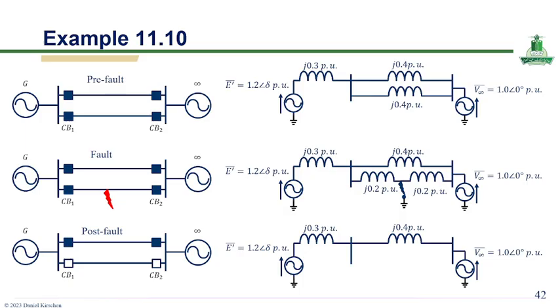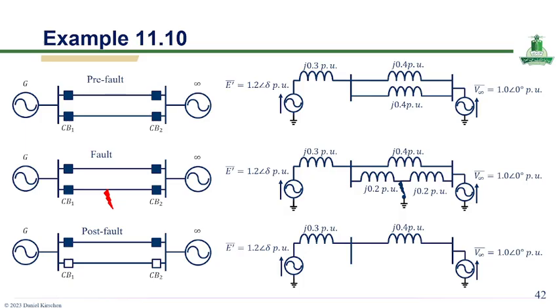During the fault, a disturbance occurs at the midpoint of one transmission line, significantly increasing the system reactance and reducing the electrical power output. This causes the generator rotor to accelerate due to the imbalance between mechanical and electrical power.